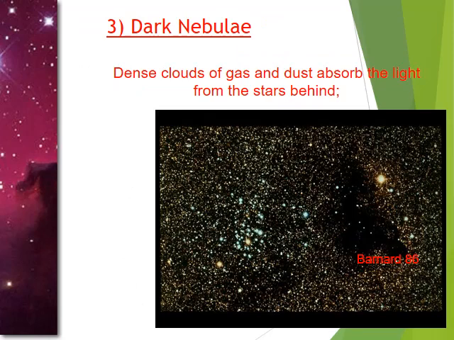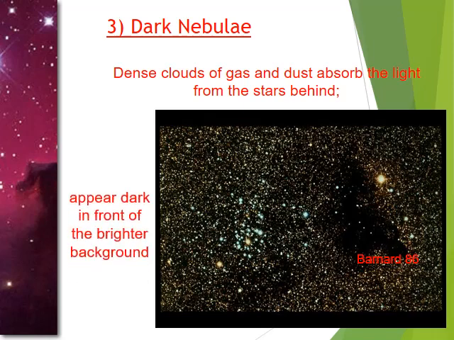And finally, we get to dark nebulae. And dark nebulae, again, is just a cloud. Remember, nebula means cloud. Nebulous thinking, nebula. So it's a cloud, and it's called dark because it's a dark part of the sky. So you may see stars and stars and stars, and then you might see an area where there are no stars. And the question is, well, gosh, why aren't there stars there?